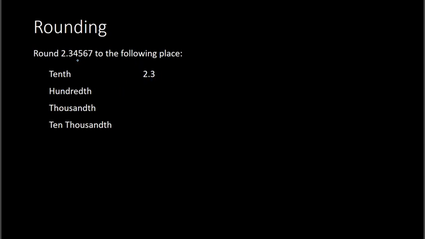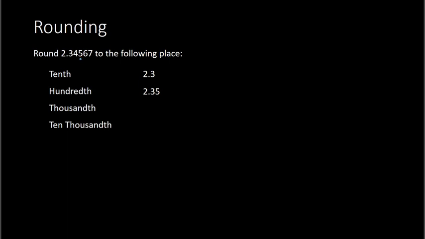For the 100th place is the 4, so I look at the one after it, which is the 5. So the 5 is right in the middle, which means I'm going to round the 4 up. So I round the 4 up to a 5, so this would round to 2.35, followed by a bunch of zeros, but the zeros are not necessary with decimals. And then the 1,000th place would be the 5.